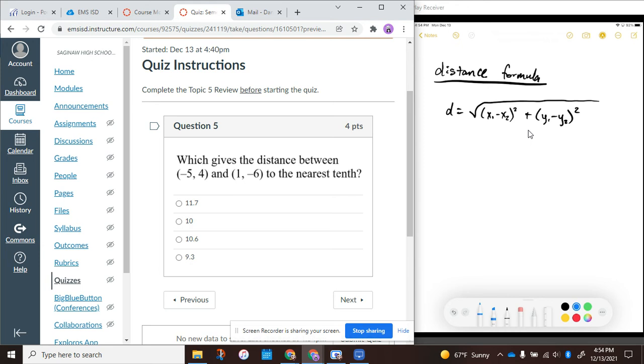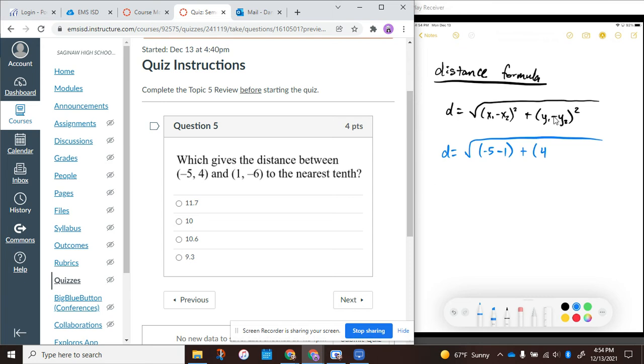In this case, we've got our x values, x1 and x2. So our distance is going to be that big square root, and our x1 we're going to say is -5. Our x2 is going to be 1. Then our y1 is going to be 4, and our y2 is going to be -6.